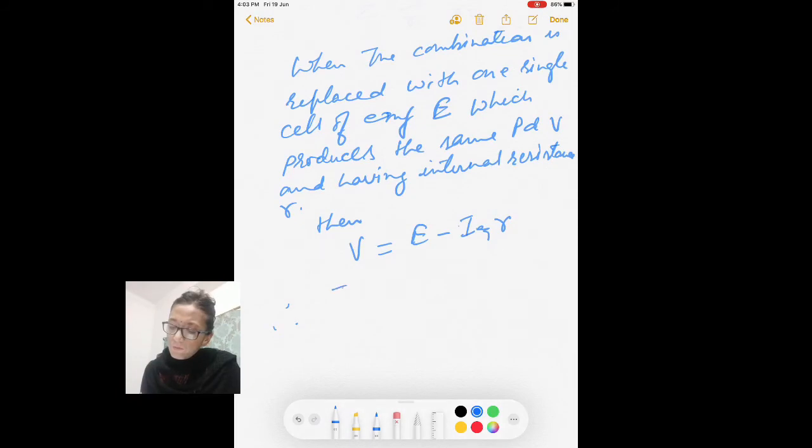Therefore, I equivalent comes equal to E minus V upon R. R equivalent.